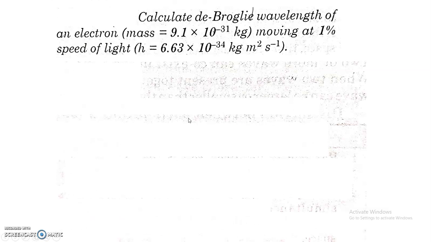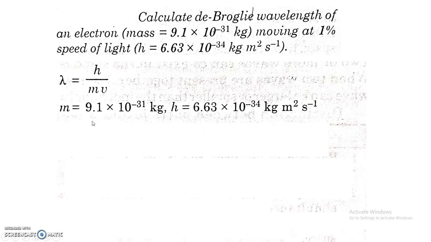Now the next example: calculate the de Broglie wavelength of an electron. Mass of electron is given, moving at 1% speed of light. The value of h is also given. This is the de Broglie equation. The value of m is given, 9.1 into 10 raised to minus 31.